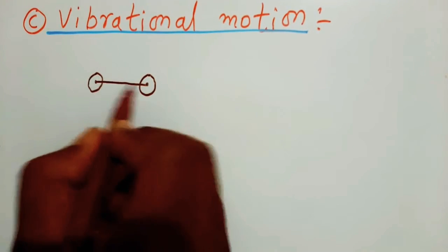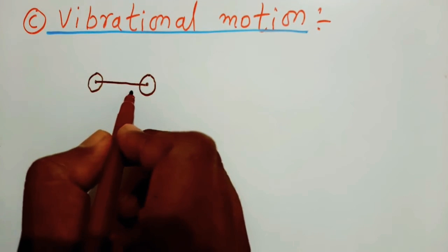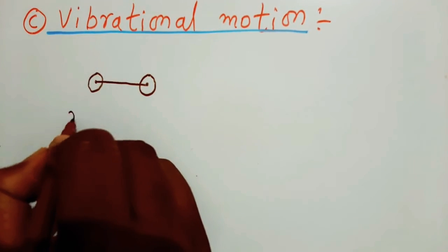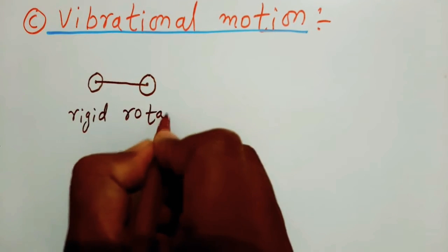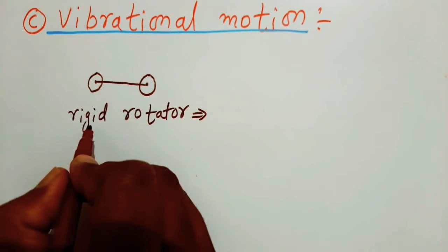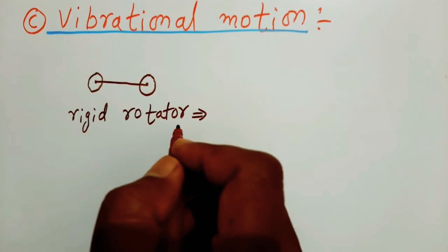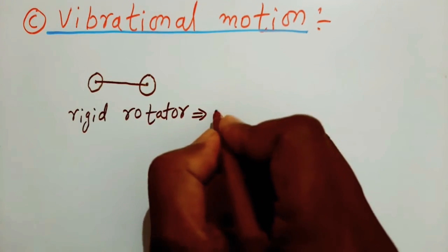A rigid rotator has translational motion and rotational motion.